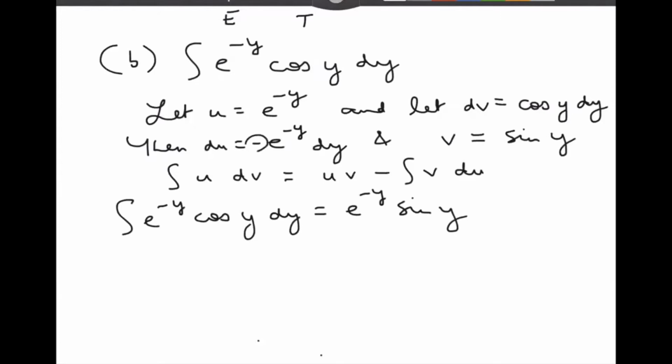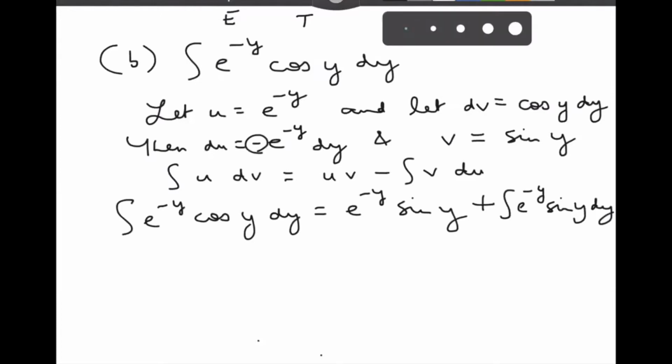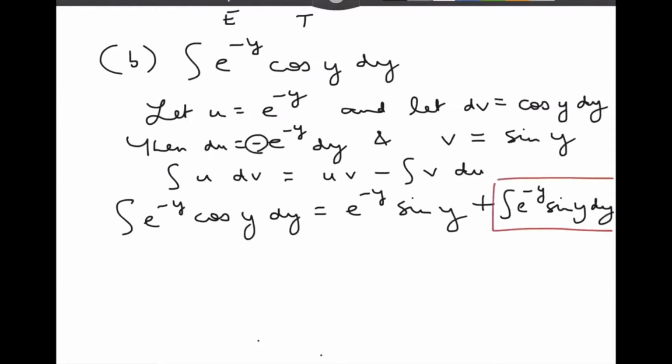Notice there is a minus here, so that is going to change minus integral v du to plus integral e to the negative y sine y dy. All right, so now I will put that integral in a red box, and that will become the red integral.